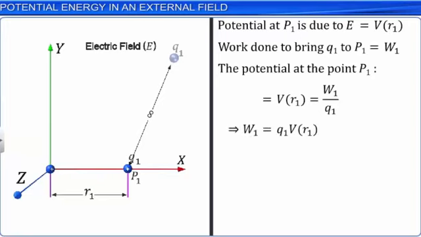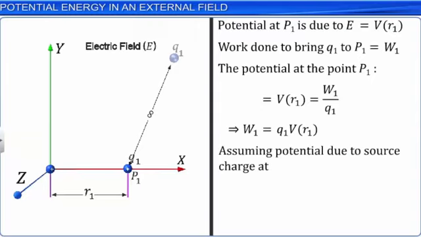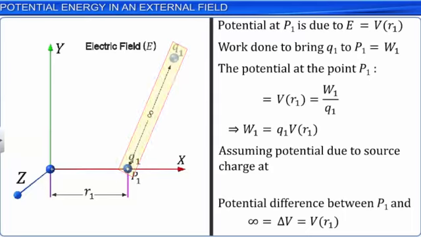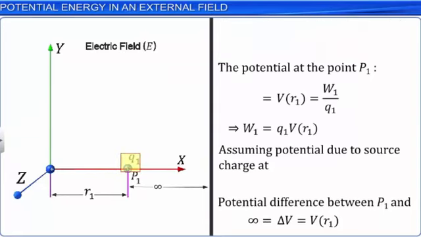Here, we assume that the potential due to the source charge at infinity is 0. This implies that V of R1 is also the potential difference between the point and infinity, which is delta V. Now, if Q1 is released at point P1, it moves away in the direction of the electric field to infinity and gains kinetic energy equal to W1 when it reaches infinity.